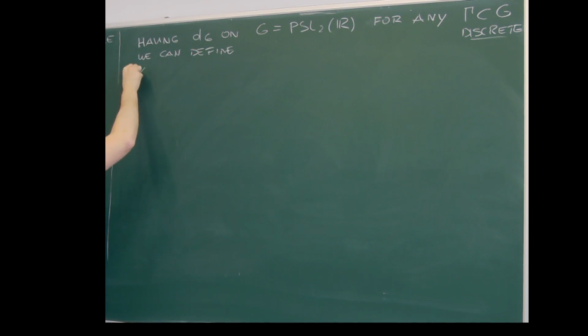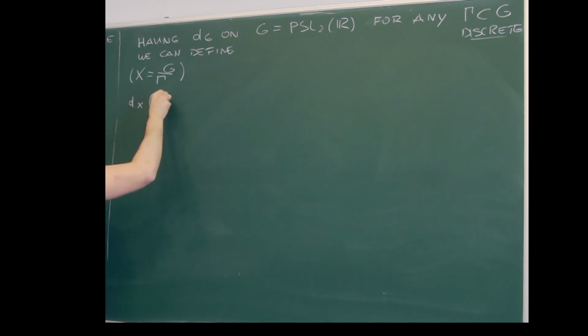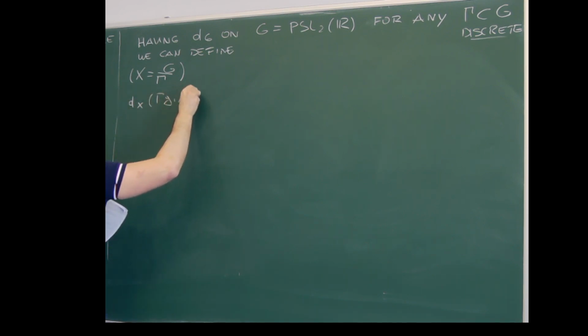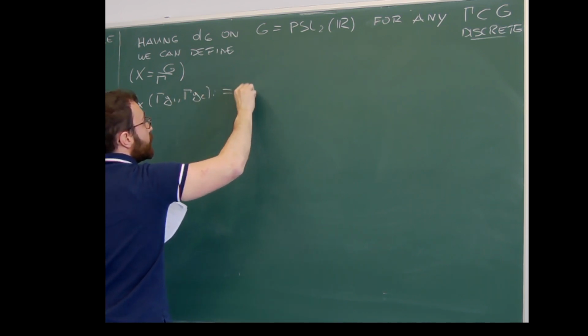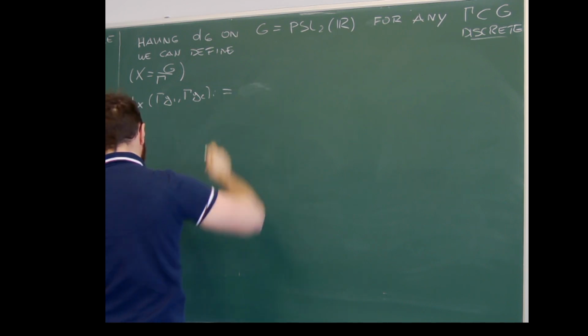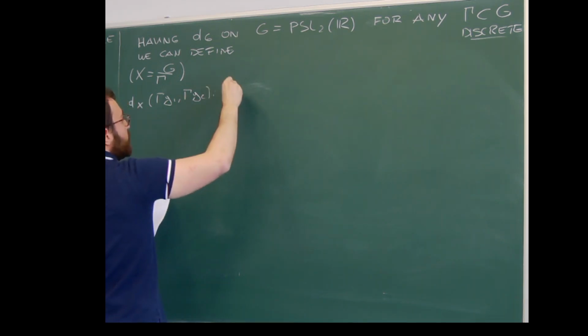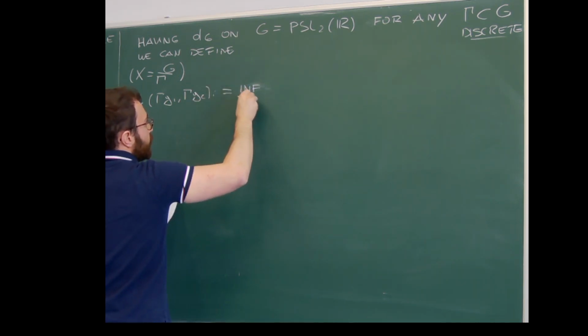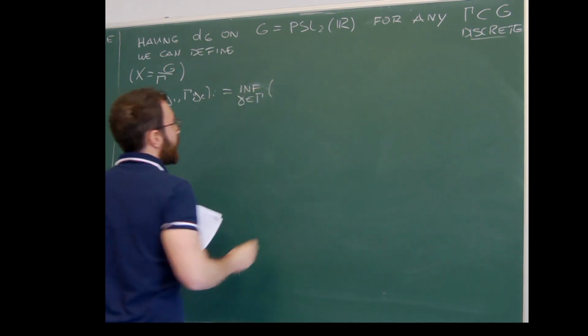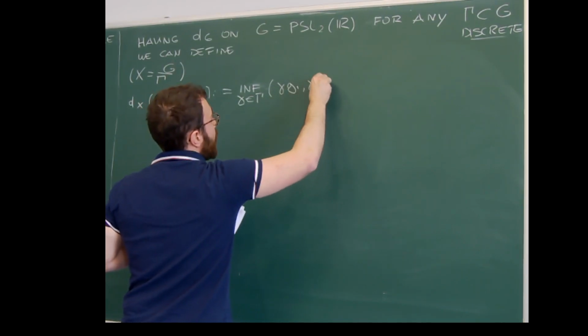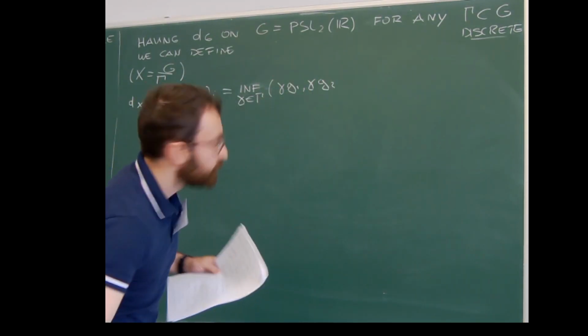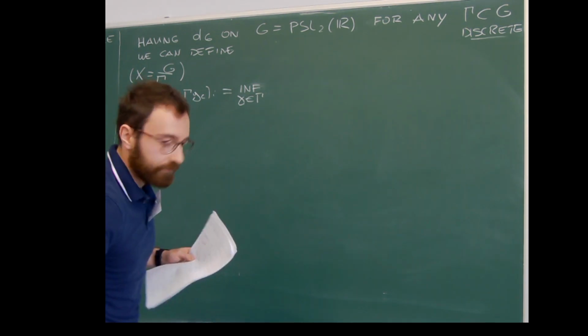Again, I will denote by X the group G mod gamma. We can define dx of gamma G1, gamma G2 as the minimum, sorry, not the minimum, but the inf, which is also a minimum, over gamma 1 and gamma 2 in gamma of the distance between gamma G1 and gamma G2. Oh, sorry, I forgot dg here.